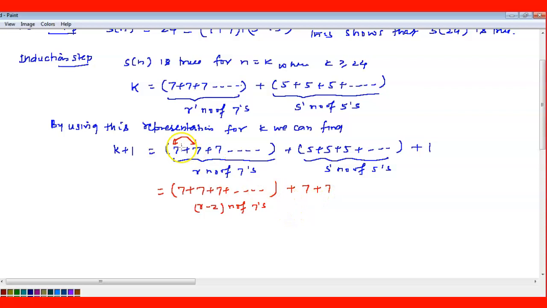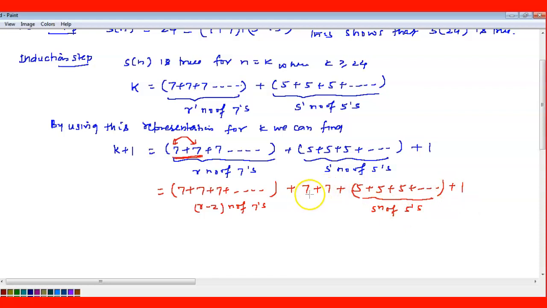Getting what I said? Remaining, how many 7s were there in total? r. So 2 taken out, it becomes r minus 2, and the 2 sevens I have written here as 7 plus 7, and the 5s are as they are, 5 plus 5 plus 5 and so on, s number of 5s. Getting? And plus this one as it is.